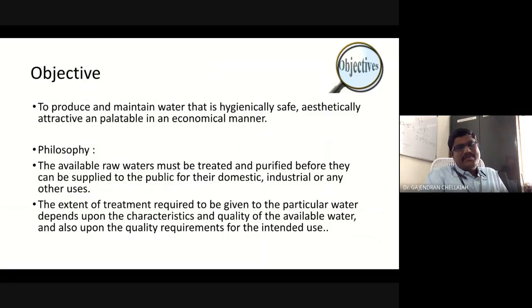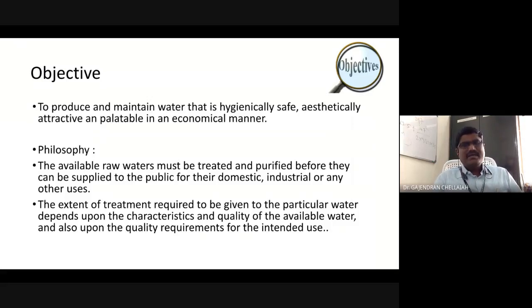To produce means that after treatment we will supply the water with the required parameters, hygienically safe, aesthetically attractive. Hygienically safe means in all health aspects it should be free from contaminants.